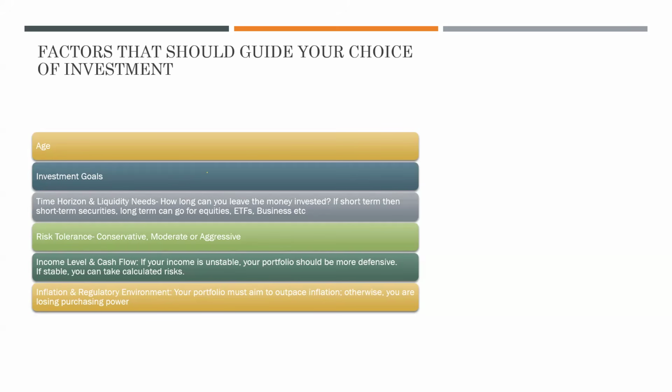The next thing that determines the choice of investment that you choose is your risk tolerance. Some people, this thing is the way God made us. Some people are conservative. If you are like that, don't beat yourself up. That is just the way you are.